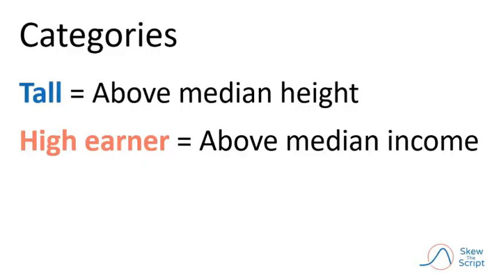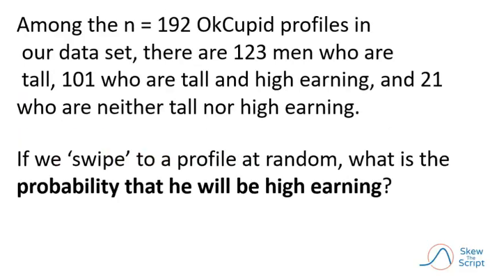So, to help us categorize the dating profiles, we break them down like this. If someone's profile describes themselves as above median height, we are going to classify them as tall. And if someone's profile reports an income above the median, we're going to classify them as a high earner.